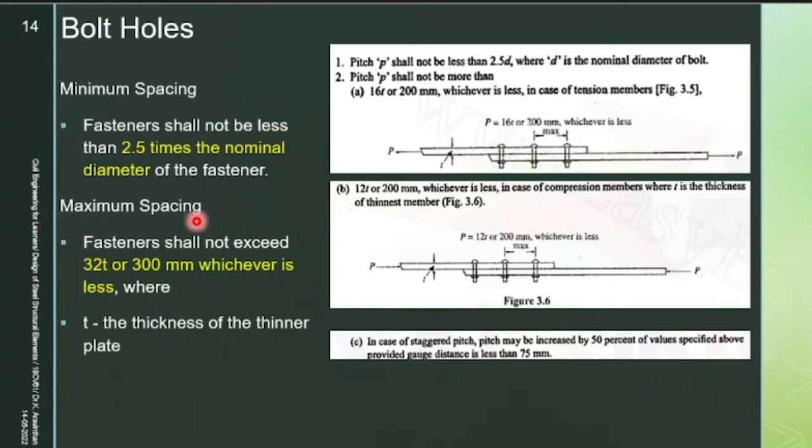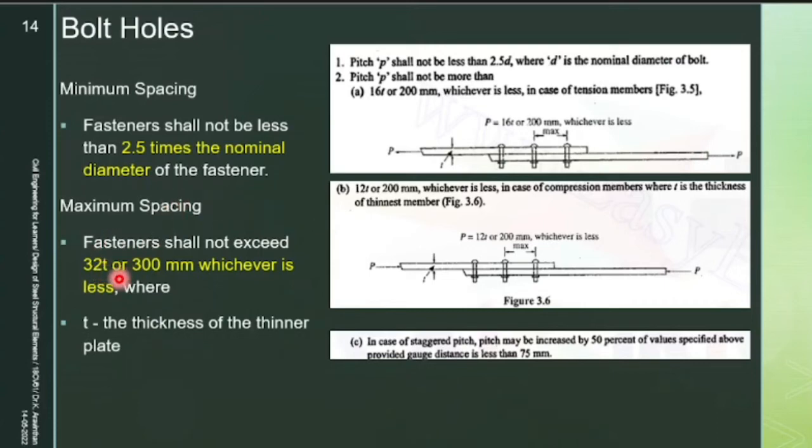What is the maximum spacing? It is 32 T. What do you mean by T? It is the thickness of the thinner plate. If you are connecting a 10 mm plate and another plate of 5 mm, which is thinner? The 5 mm plate. So you have to take 5 mm into consideration here.